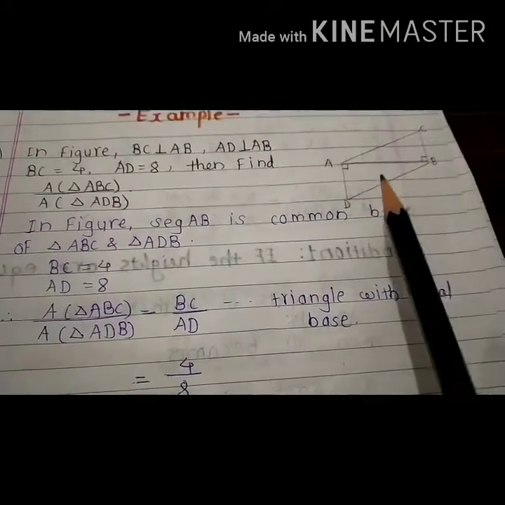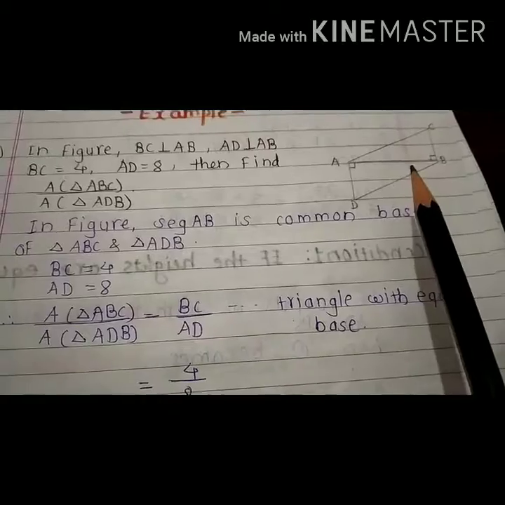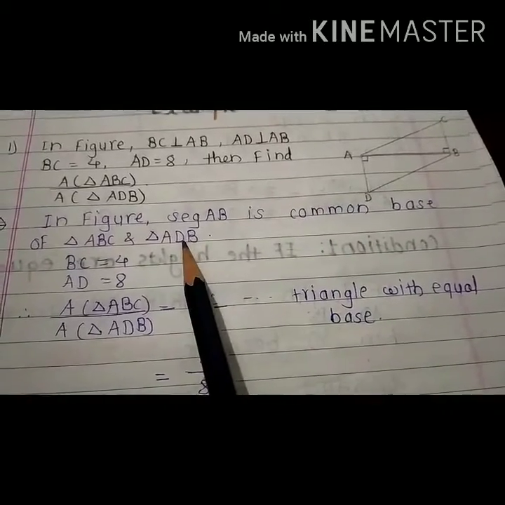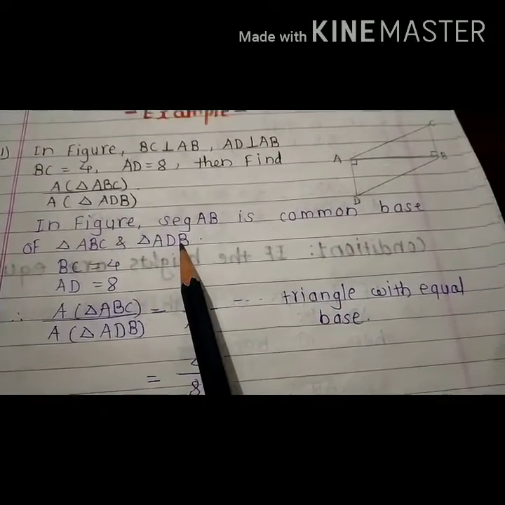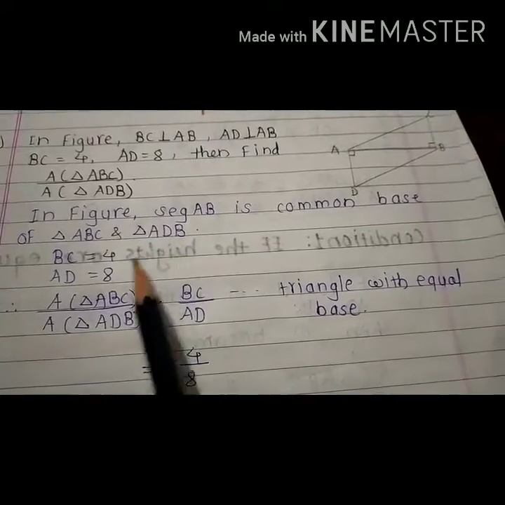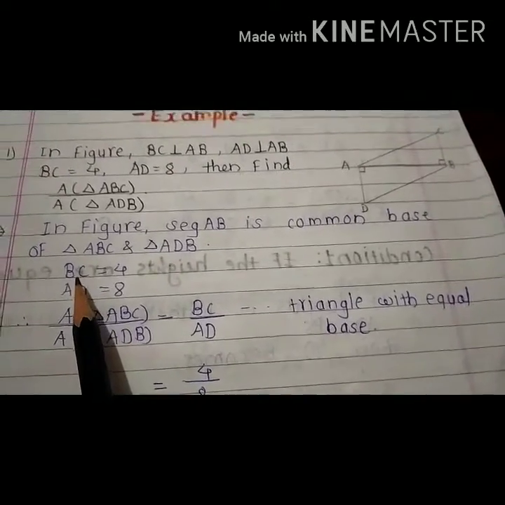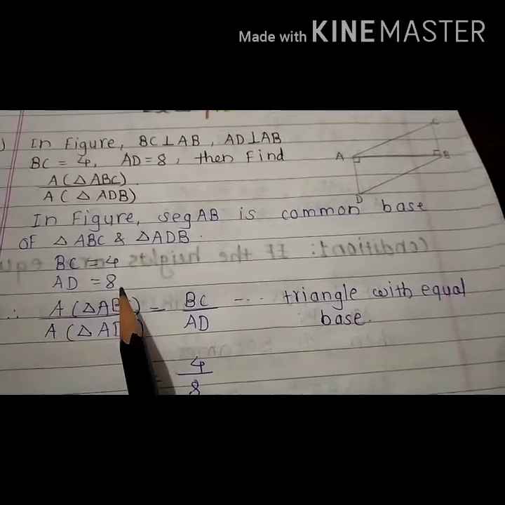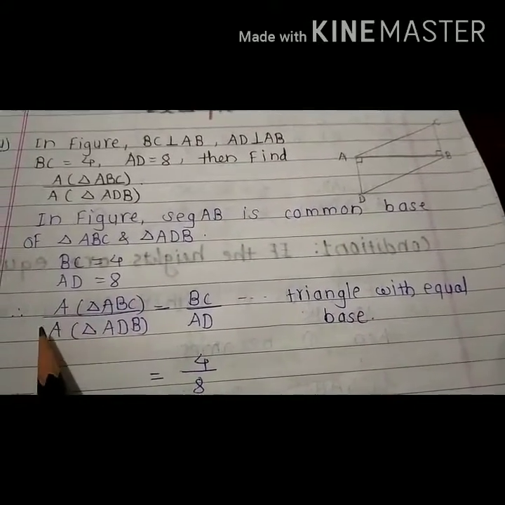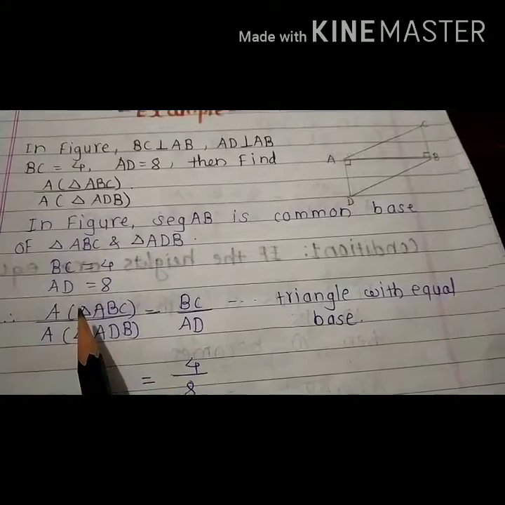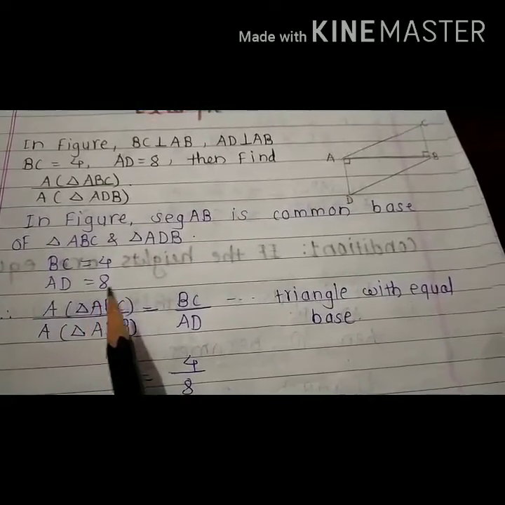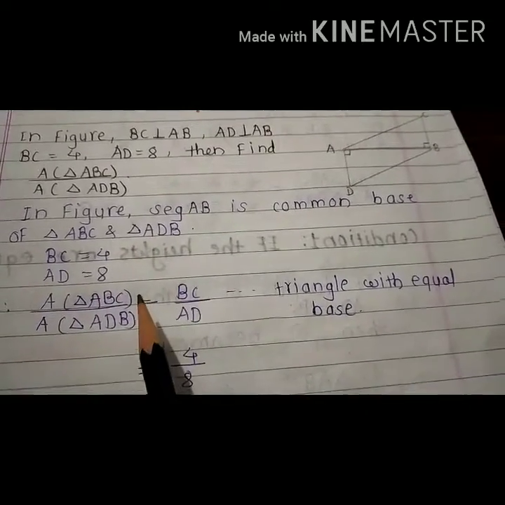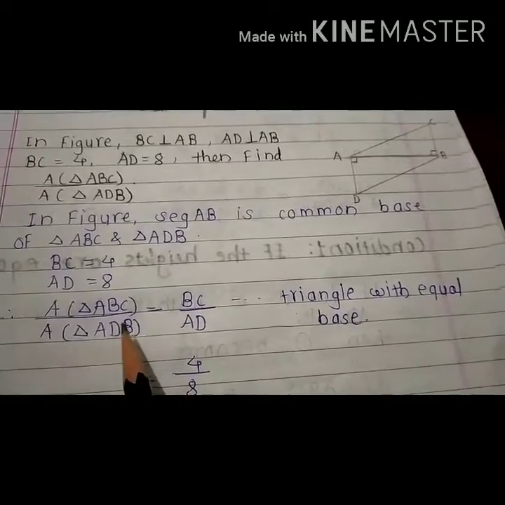In the figure, segment AB is the common base of triangle ABC and triangle ADB. Given lengths BC is equal to 4, AD is equal to 8. Therefore, triangle ABC and triangle ADB are triangles with equal or same base.